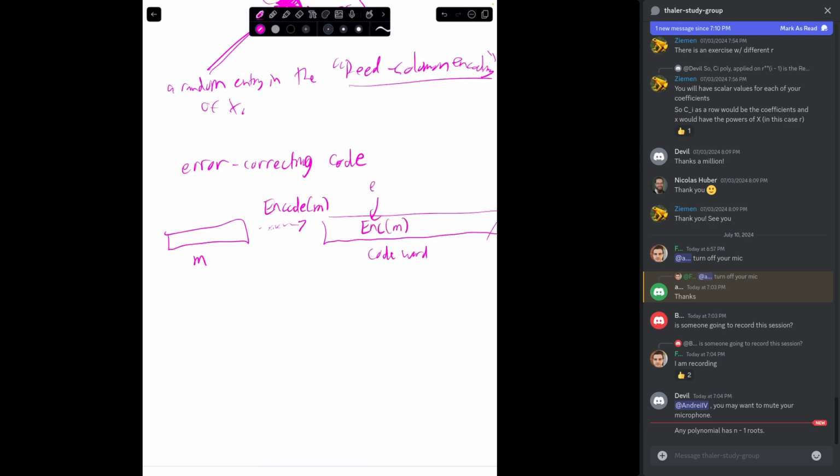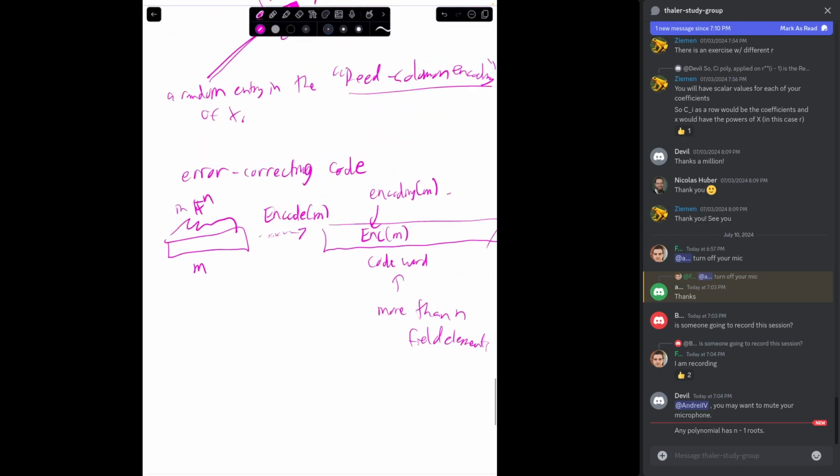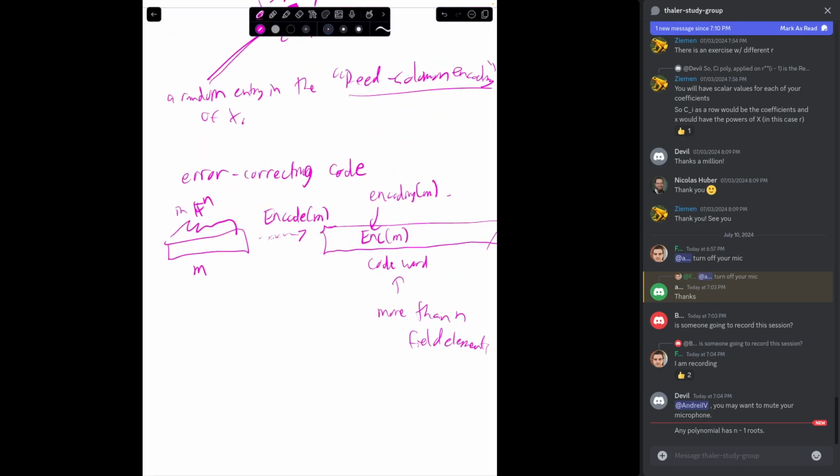It's encoding of M. And so if this message has n field elements, this code word will have more than n field elements. You think of the code word as adding redundancy. It's taking a message of length n and turning it into something much longer.